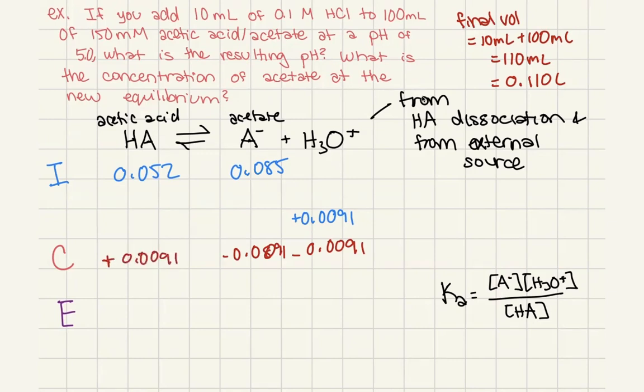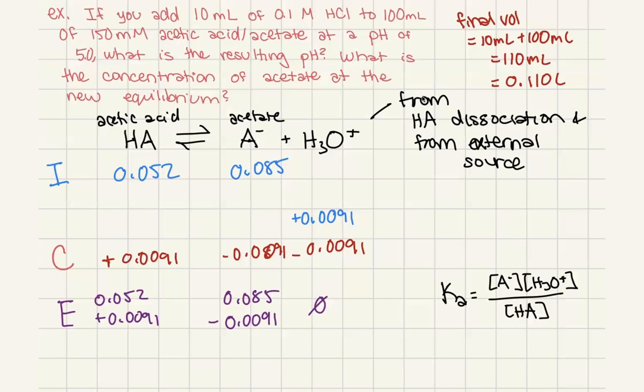And now we can figure out our final amounts. Basically, we're just going to have 0.052 plus 0.0091 for our acetic acid. For our acetate, we'll have 0.085 minus 0.0091. And for our H3O+, that's just all going to react, and this is going to give us 0.